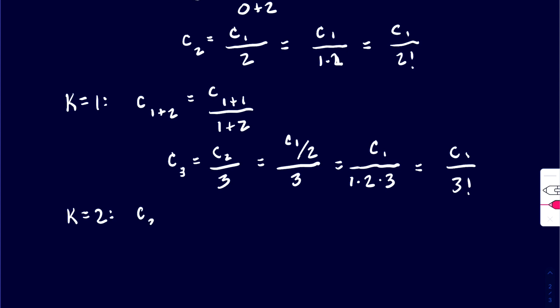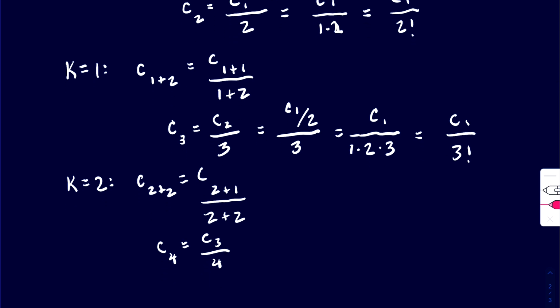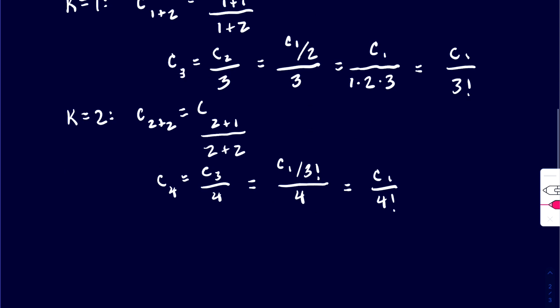We'll get c sub 2 plus 2 is equal to c sub 2 plus 1 over 2 plus 2. We would get c4 is equal to c3 over 4. That in turn is c1 over 3 factorial over 4, which, sure enough, is c1 over 4 factorial. And so it will continue.